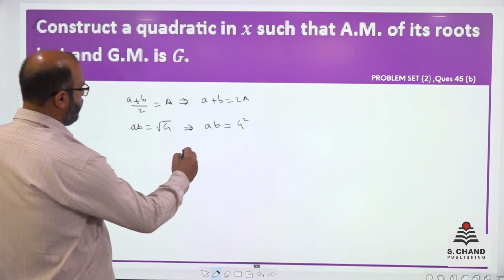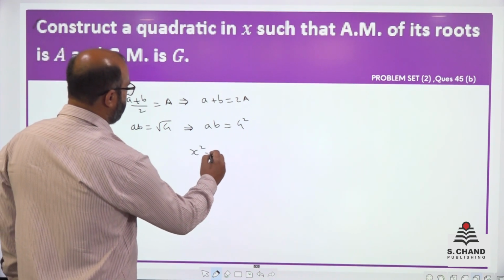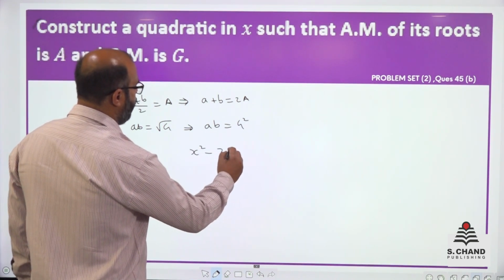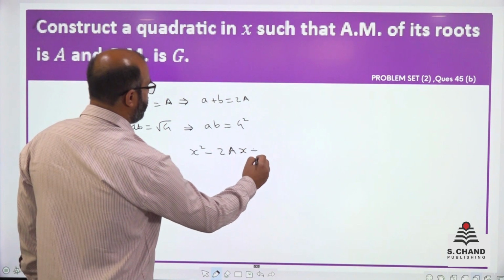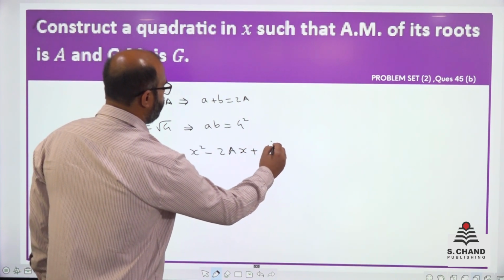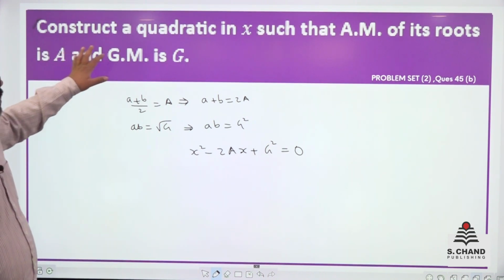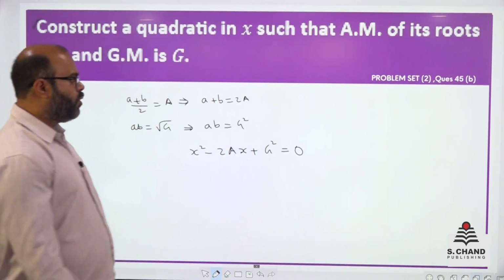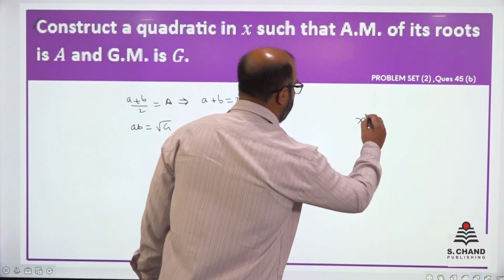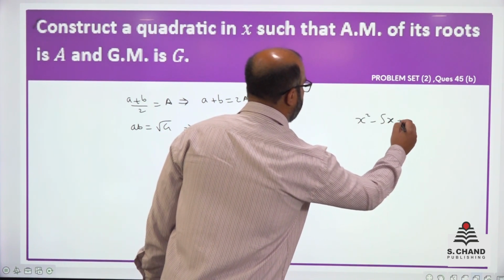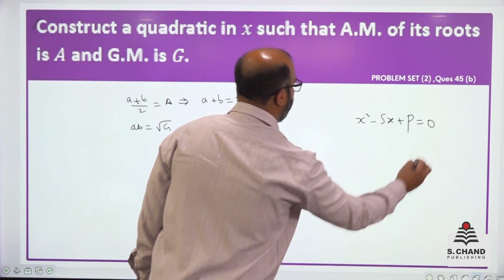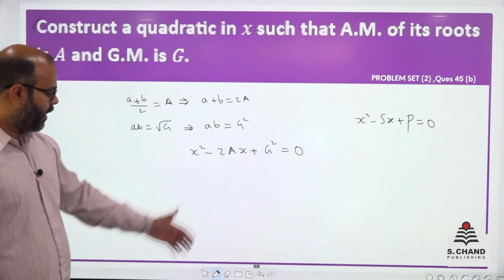So x square minus the sum of the roots, 2A x, plus the product of the roots, G square, is equal to 0. As we know, in a quadratic this is the formula: x square minus sx plus p is equal to 0. So you can move like this.